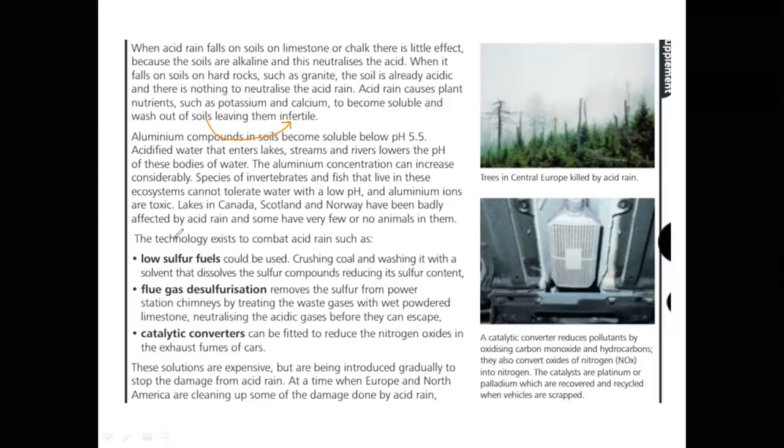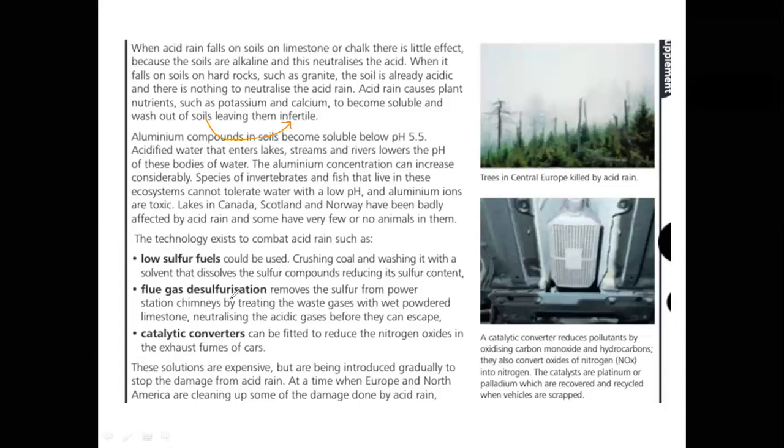Now, how can we reduce acid rain? The first thing is, we should reduce pollution. We should reduce the emission of these toxic gases into the environment. Low sulfur fuel could be used. Crushing coal and washing it with a solvent that dissolves the sulfur compounds, so reducing its sulfur content.